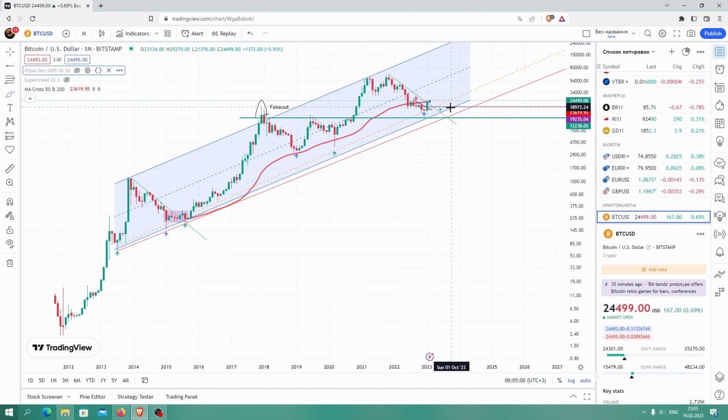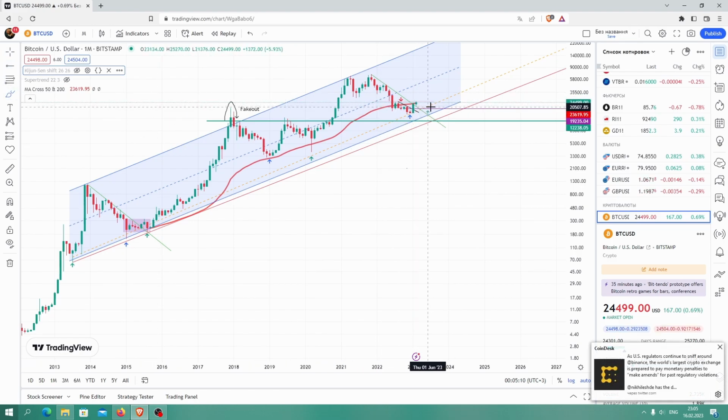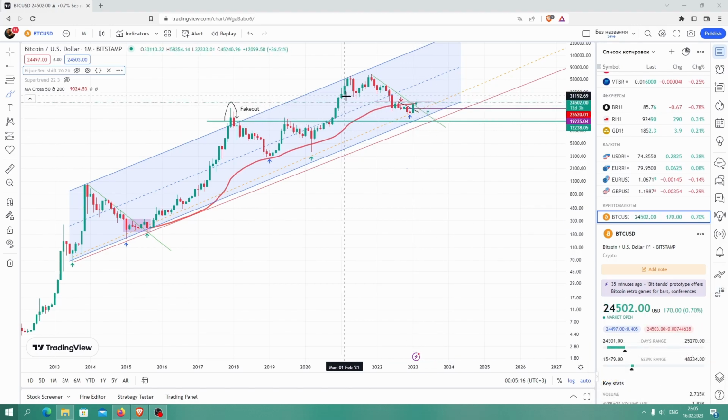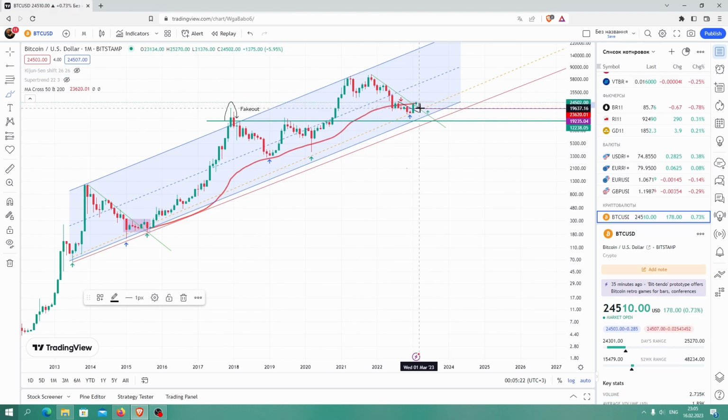But if we close this monthly with this kind of pin bar, upon this 200 moving average resistance on the monthly time frame, we are going to dump next month up to $19,000.